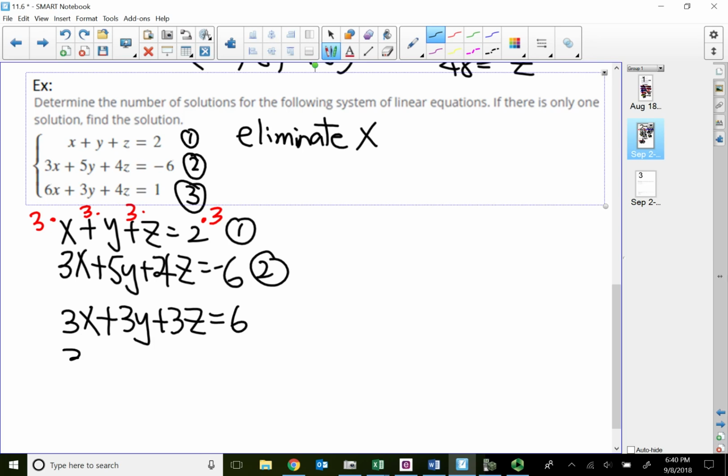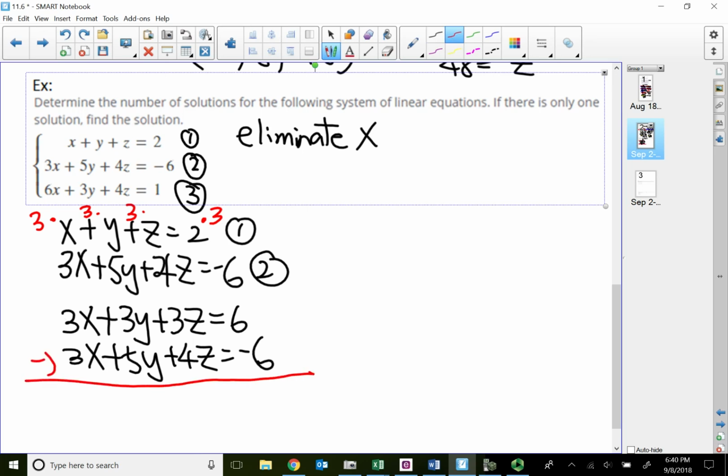My second equation does not change. Since my x terms have the same sign, we will subtract. I'm going to take the bottom and subtract the top. 3x in the bottom, subtract 3x on top, cancels out. 5y in the bottom, subtract the 3y on top, is 2y. 4z in the bottom, subtract the 3z on top, is positive z, equal to negative 6 subtract the 6 on top, which is negative 12. So that's my new equation 1.